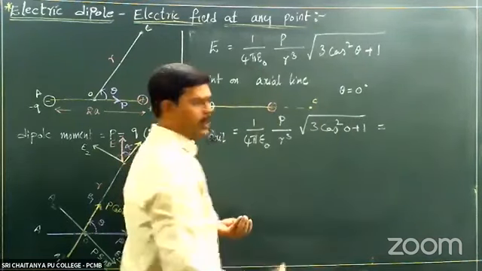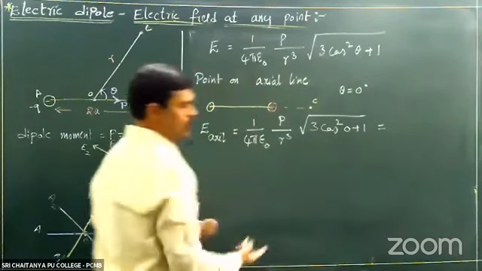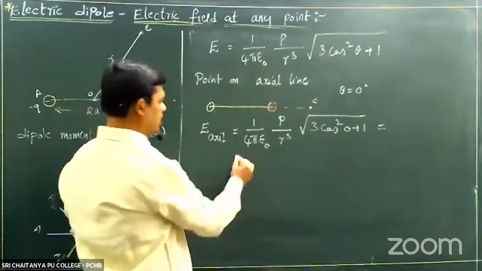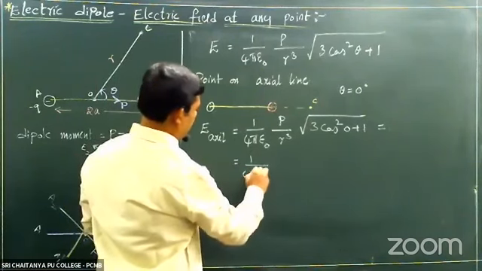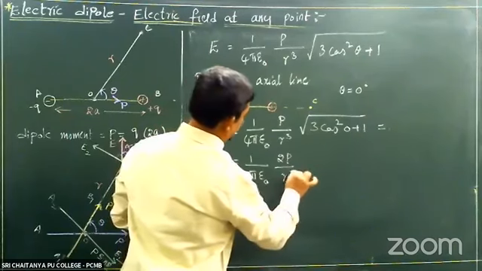Cos 0 is 1. So what results? This is 3 plus 1, 4, root of 4 is 2. Then we get the formula 1 by 4 pi epsilon naught 2P by R cube.